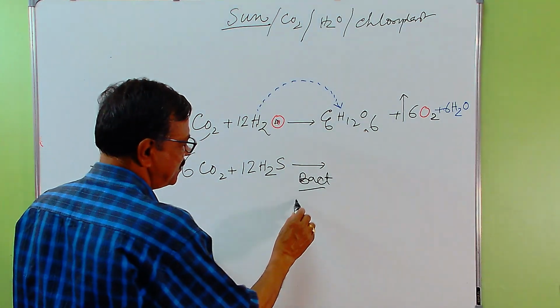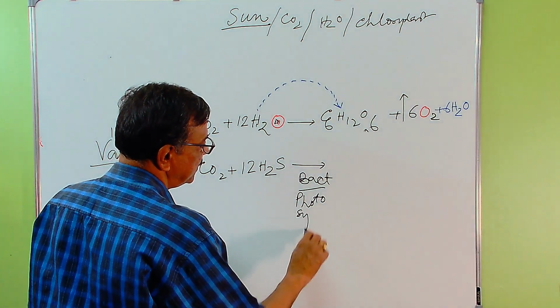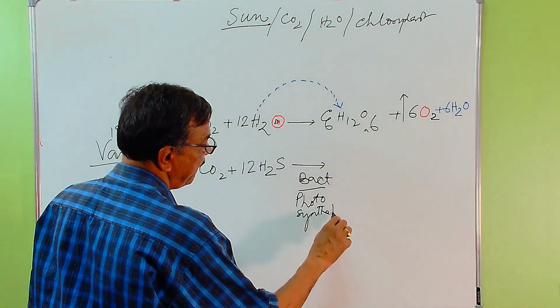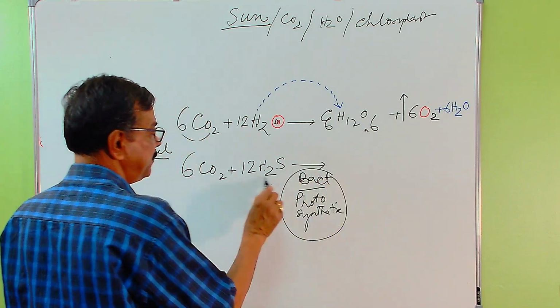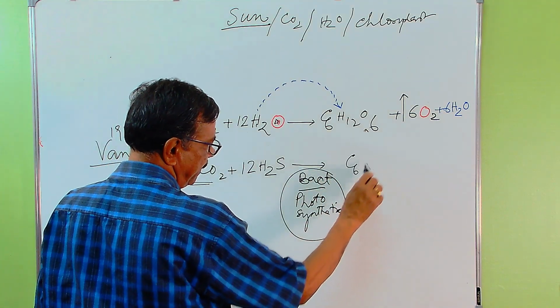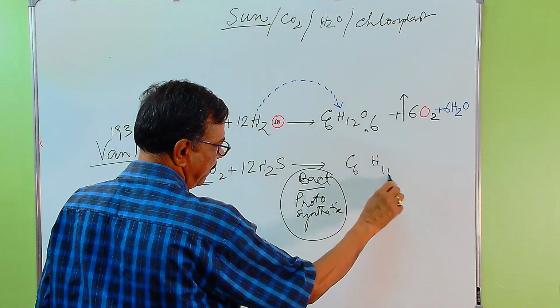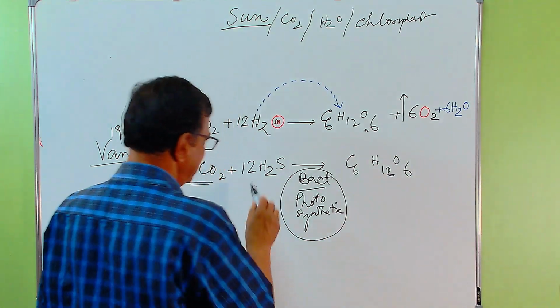In short, they are known as photosynthetic bacteria. Some photosynthetic bacteria can reduce CO2.